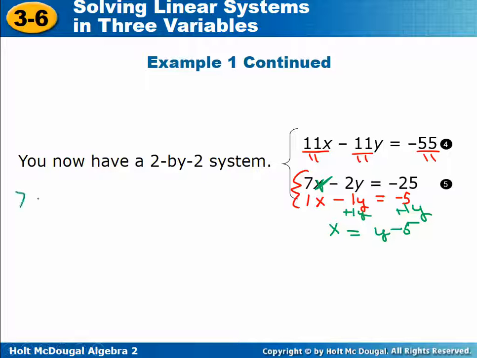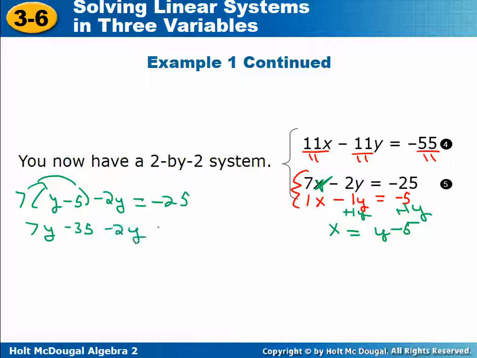So the other equation was 7 times x, but x is y minus 5, minus 2y equals negative 25. And then do your distributive property. 7y minus 35 minus 2y equals negative 25.